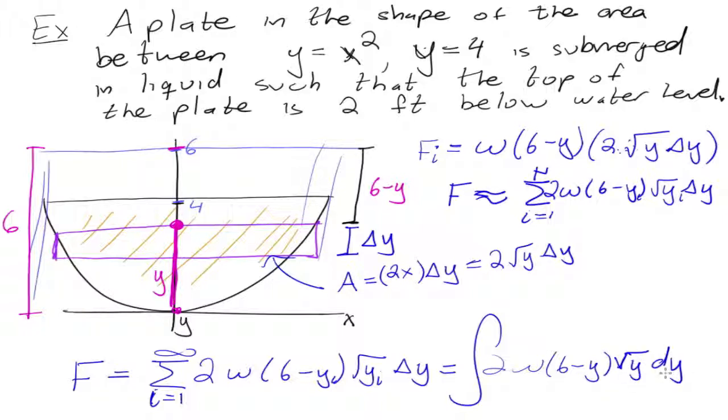And this time from where to where? 0 to 4, right? Because my y values go from 0 to 4. Does that make sense? 0 to 4. And that's it. Thumbs up.